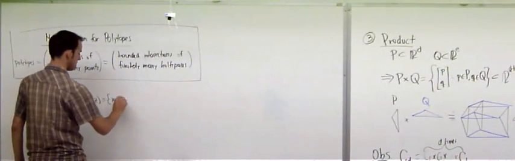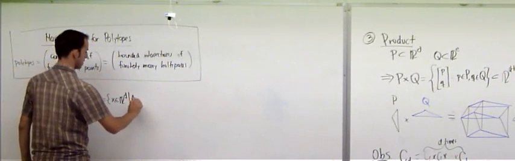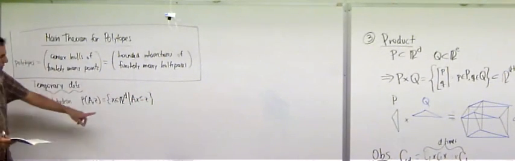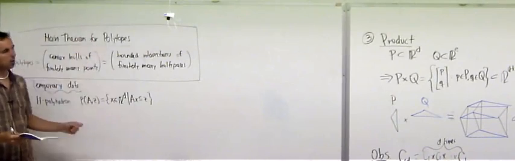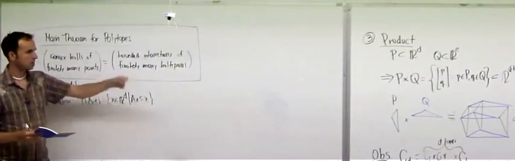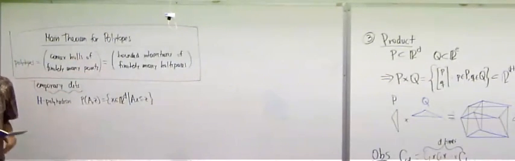X in R^d such that AX is less than or equal to Z. Okay, so here A is some n by d matrix, and Z is a column vector of length n.